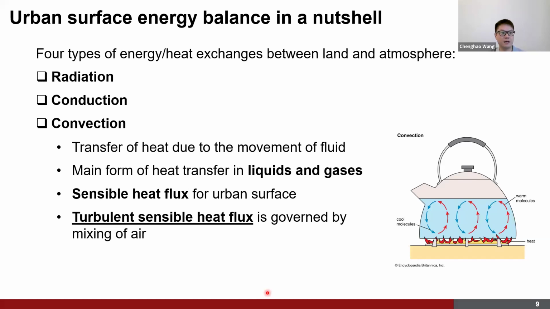This is also the cause of sensible heat flux, or turbulent sensible heat flux, which means the heat exchange that can really change the temperature of an object or a material. Convection is much faster than molecular diffusion, and it is highly relevant to the velocity of eddies moving within the turbulent flow.